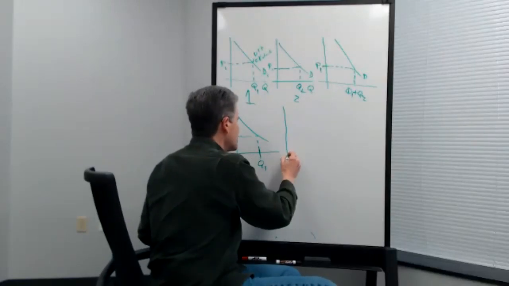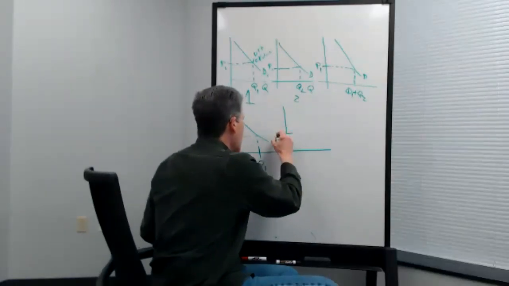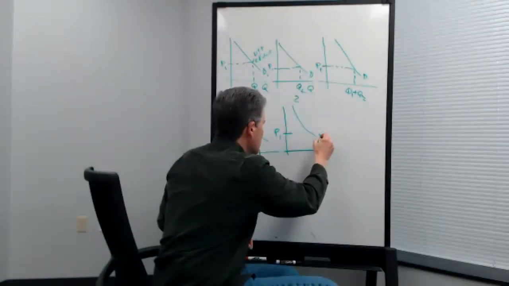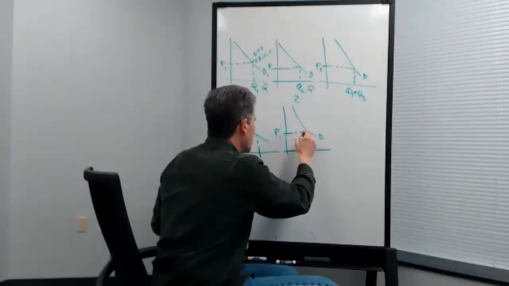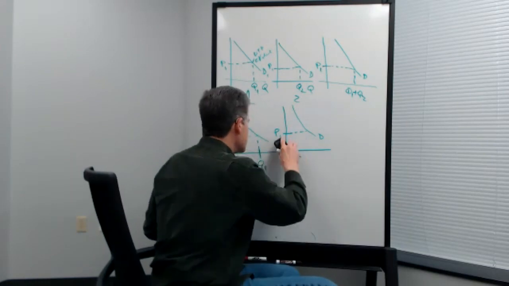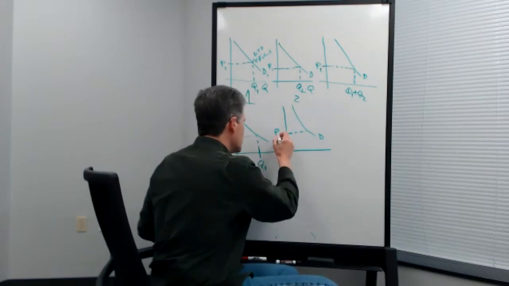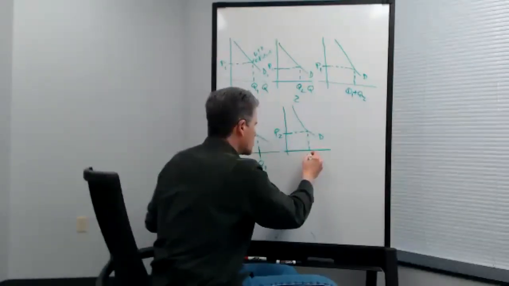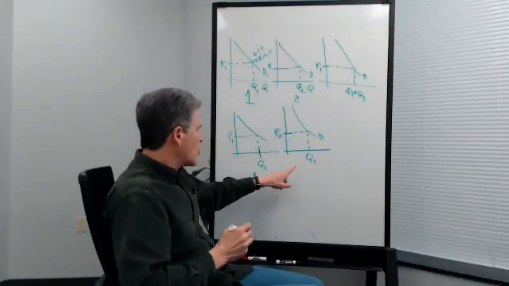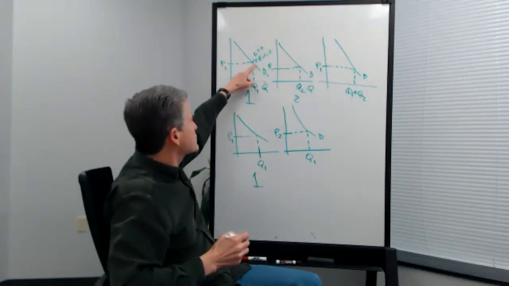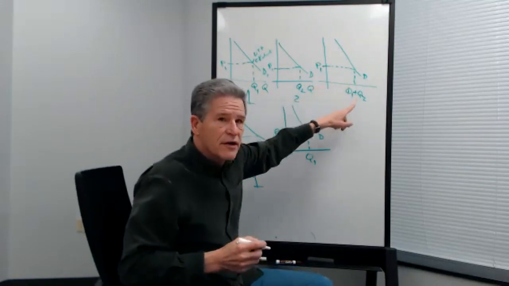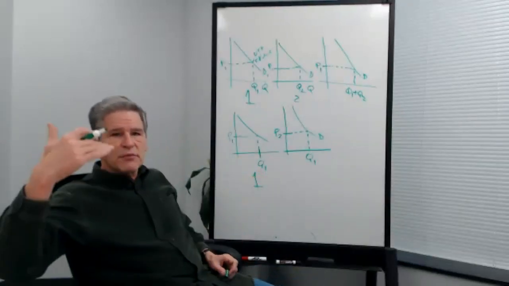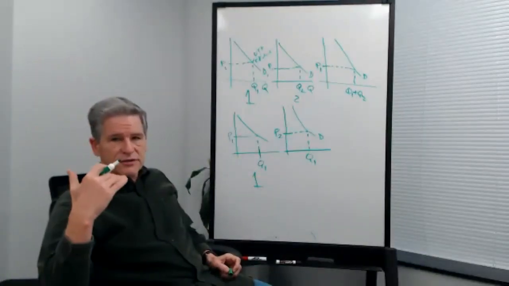Person two, and now I'm going to consider that same unit, is willing to pay, let's call this P2, which might be different. It might not be the same price that person one is willing to pay. Notice up here the prices are the same, but the quantities are different. Down here, we're looking at the same unit. We're saying, how much are people willing to pay for these different units?